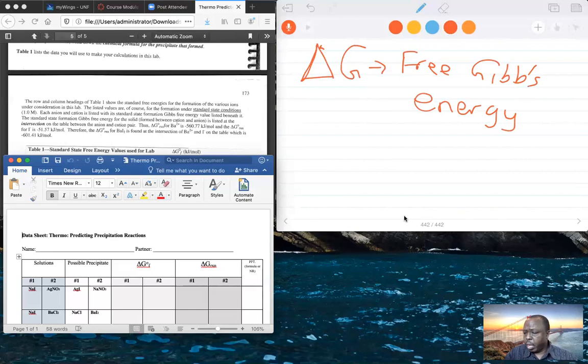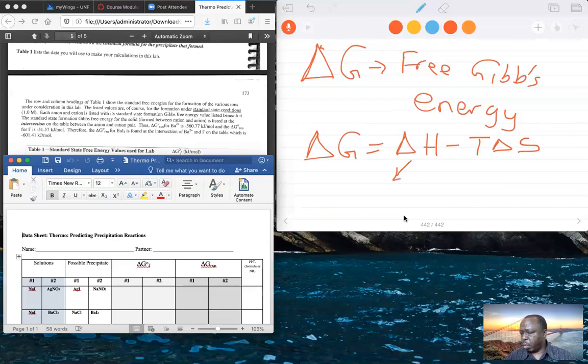Before I show you the criteria, the equation used for determining this is given by the enthalpy of reaction minus temperature times the change in entropy.